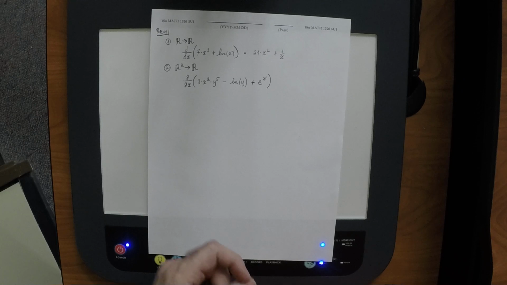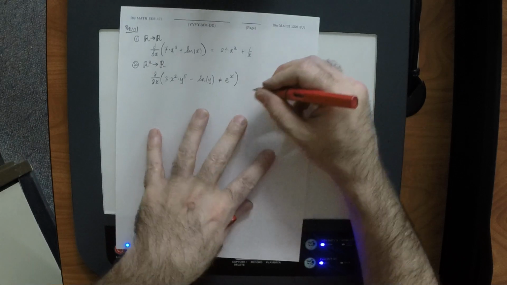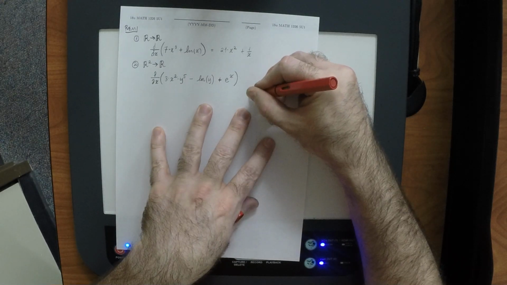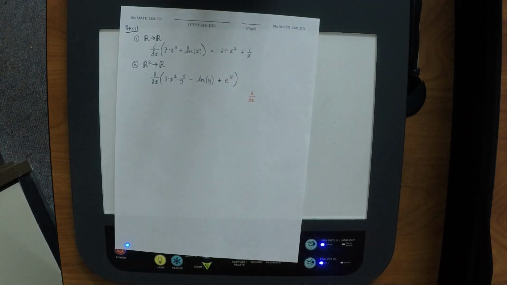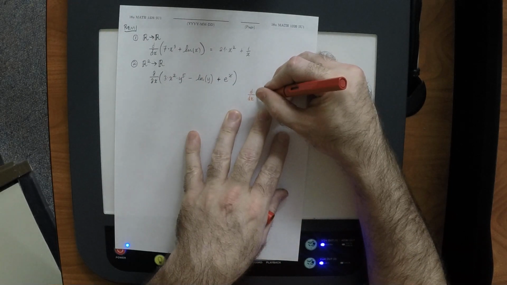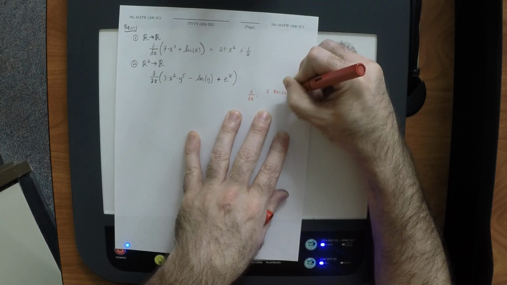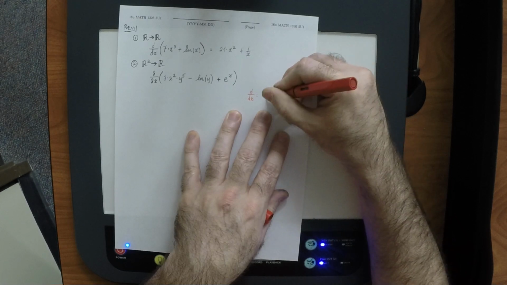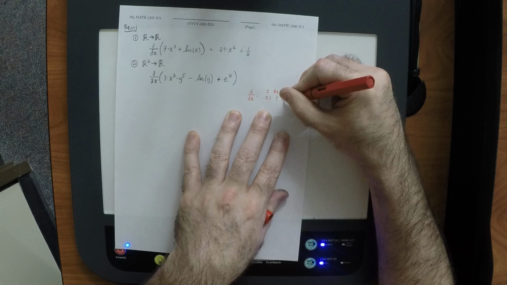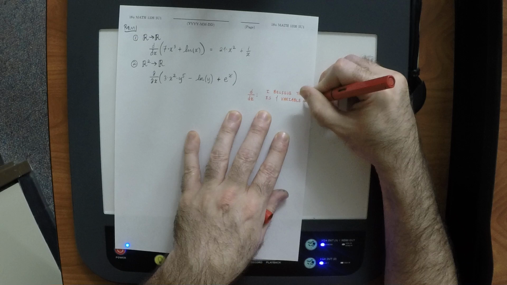Now, the reason why I'm bringing this up is that if you write this, d dx, then what you're telling the reader, and in particular the grader, is: I believe there is one variable, and it is x.